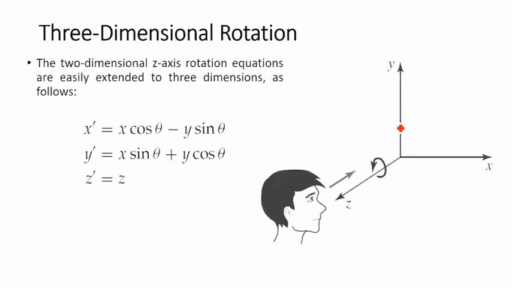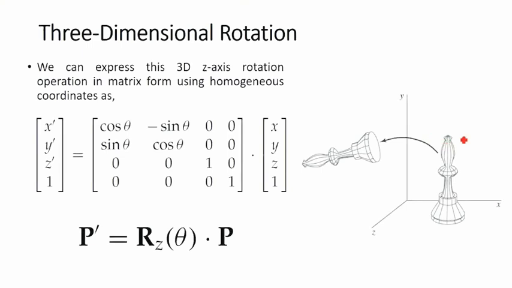Now rotation around z-axis means you have an object, and once you rotate it, the object will still remain in the same z plane, like our 2D rotation, right? The z coordinates of that object will never change, only the x and y coordinates change. For example, in this image, I have a point here, and this point has x, y, z.